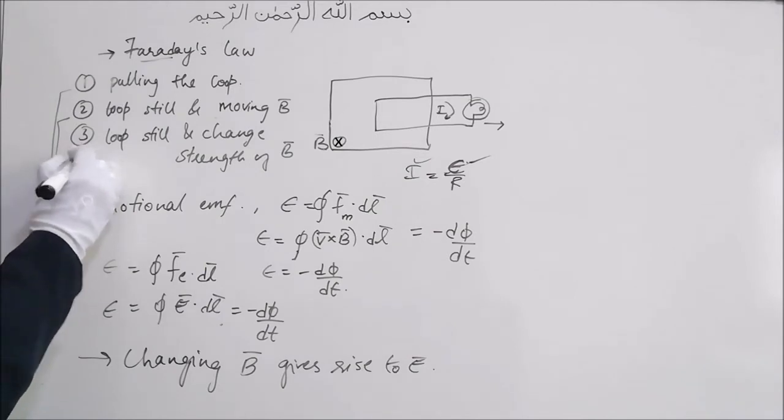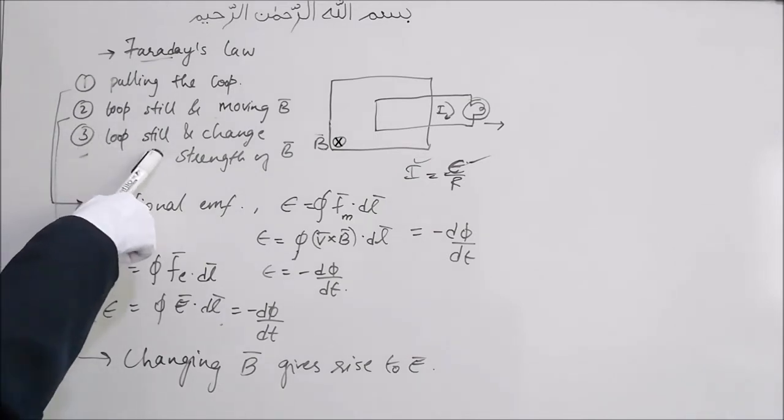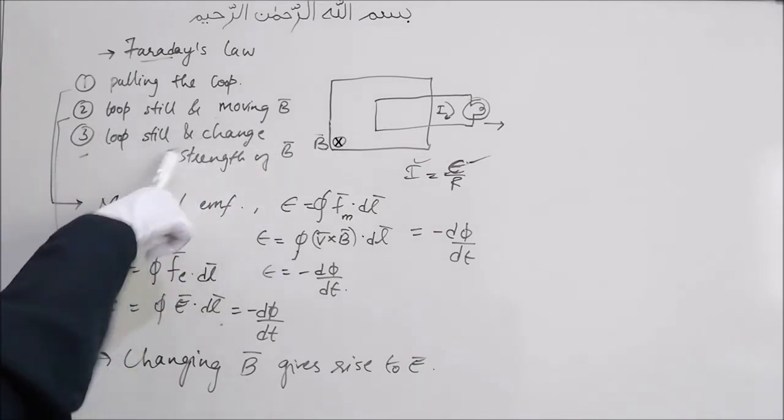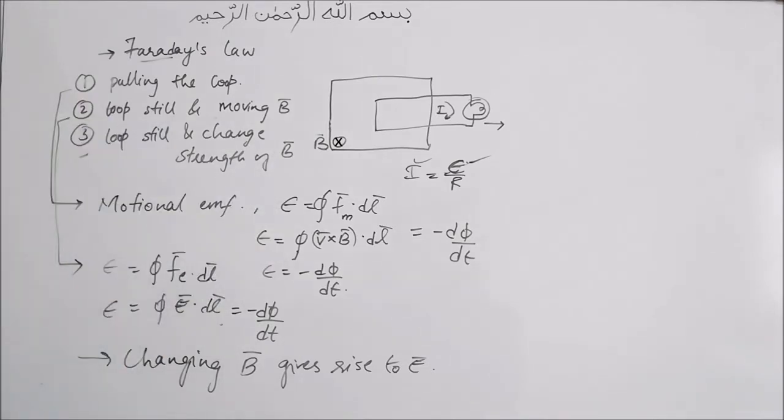Similarly, in the third case, the loop is still, and here we are changing the strength of the magnetic field. So here the EMF arises because of an induced electric field, which is produced by the changing magnetic field. So we can write this rule in terms of a formula by considering this.